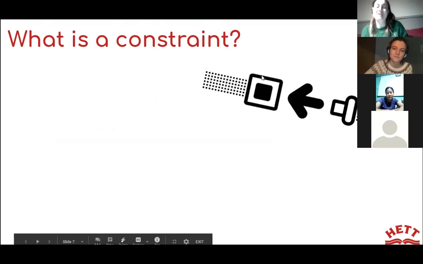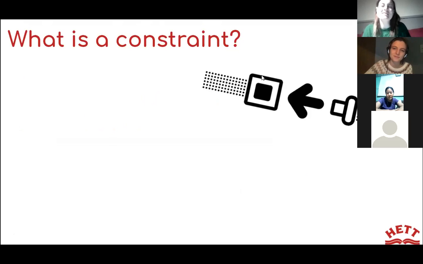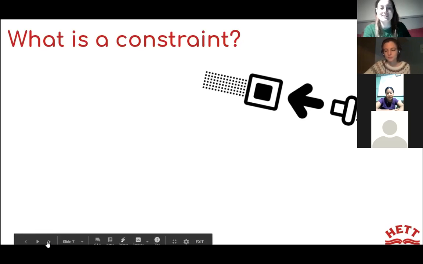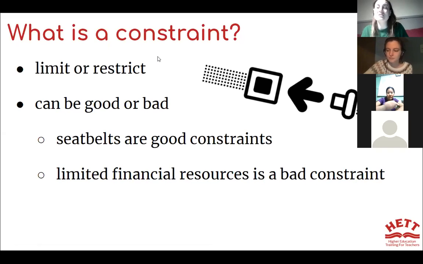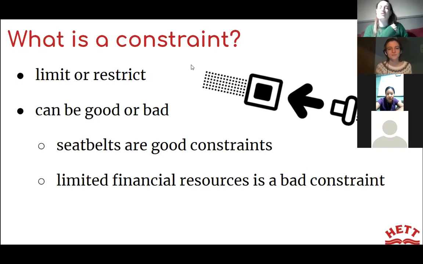It's uncomfortable, yeah. So what is a constraint though, in general? It is a limit or a restriction, something that limits you. Yeah, a limitation. Good. It is tight, yeah. A constraint is a limitation or restriction. It can be good or bad.